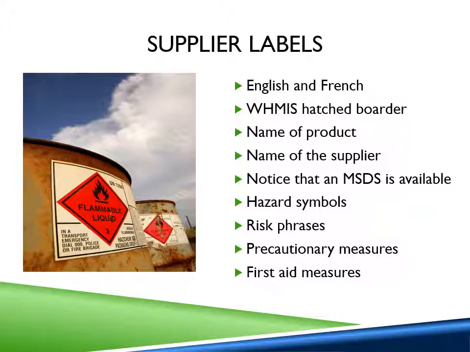In addition to these requirements, supplier labels must include the name of the product or product identifier, name of the supplier or supplier identifier, notice that an MSDS is available, the applicable hazard symbols, which are the symbols we discussed in the classification section of this module, risk phrases, which are words that describe the main hazards of the product, precautionary measures, or instructions how to work safely with the product, and first aid measures in the case of exposure or an emergency.